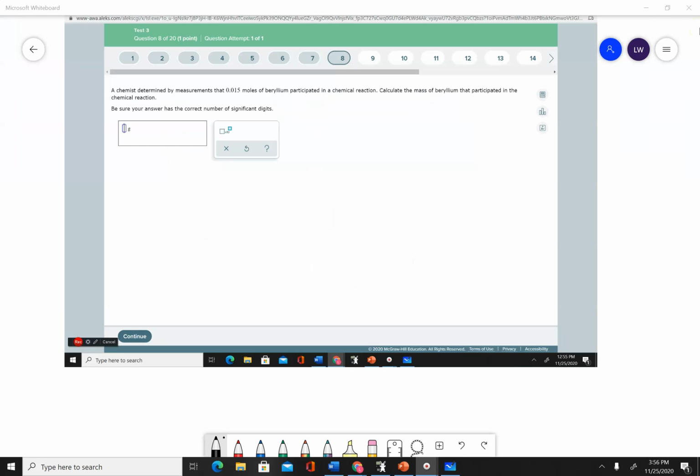So in this problem, we are told that a chemist determined that 0.015 moles of beryllium participated in a chemical reaction, and we have to convert that to the mass of beryllium. So our conversion is going to be going from moles into grams, and we're doing beryllium.